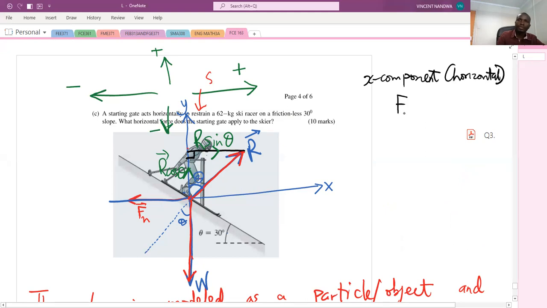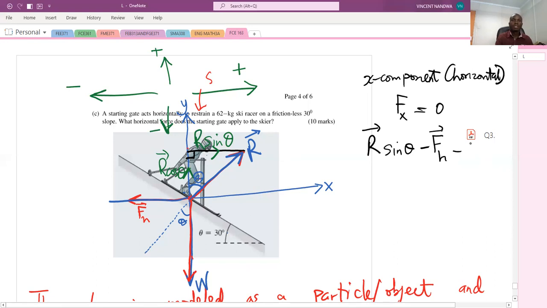So the sum of Fx should be given by 0 because we expect acceleration to be 0 for this skier. So we'll have this taken to be positive because it's moving toward the right: R sine theta. And because the restraining force is acting in the opposite direction to this other force, it will be negative.